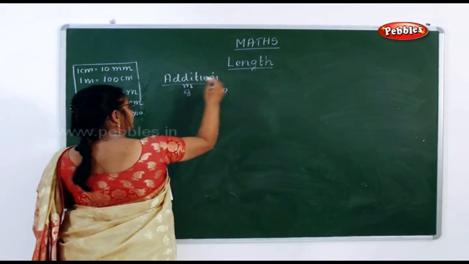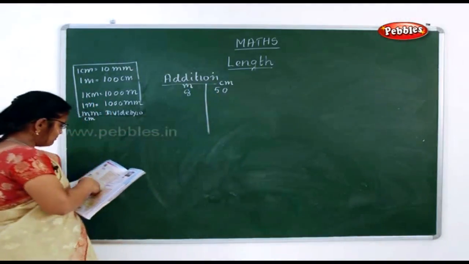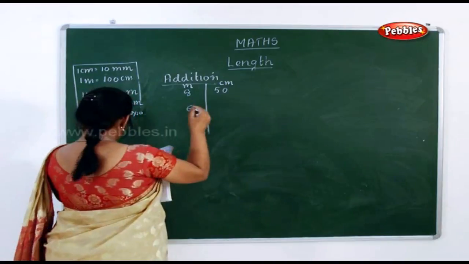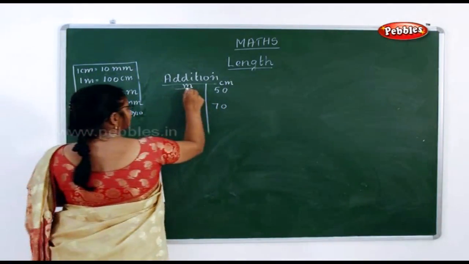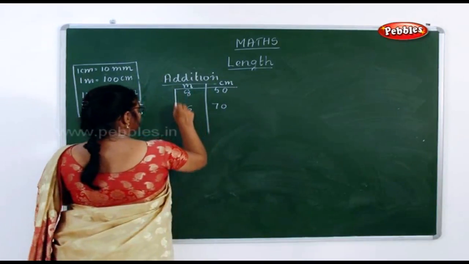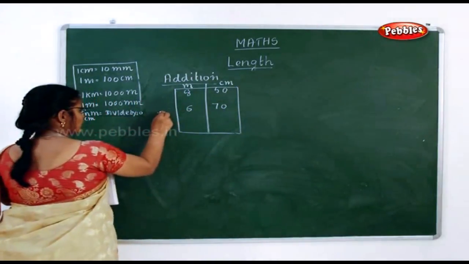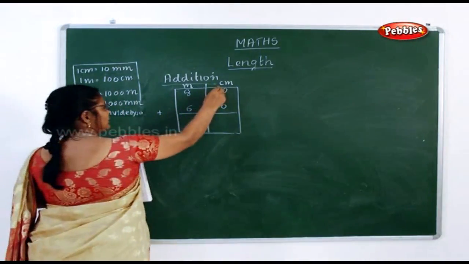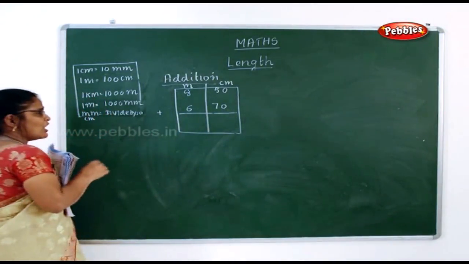You have to write it like this, with meter and centimeter: 8 meter and 50 centimeter, 6 meter and 70 centimeter. So what you have to do is add 8 meter, 50 centimeter and 6 meter, 70 centimeter. Now how will you do it?